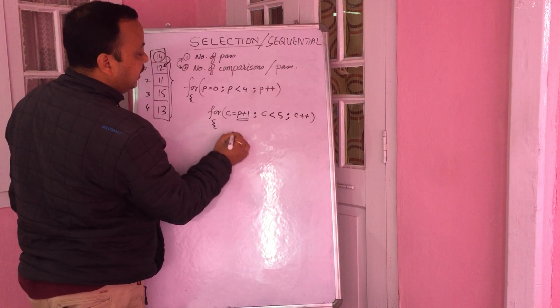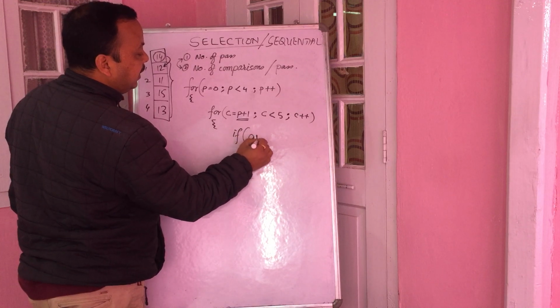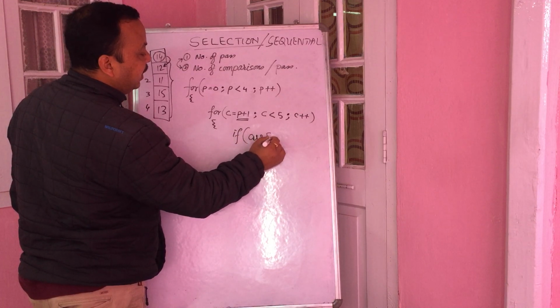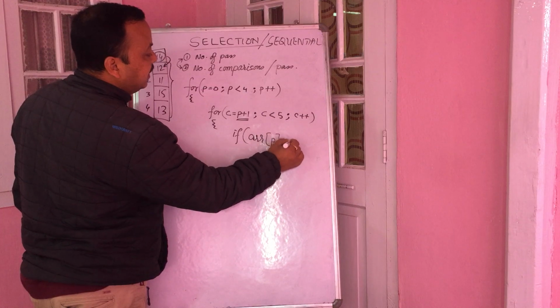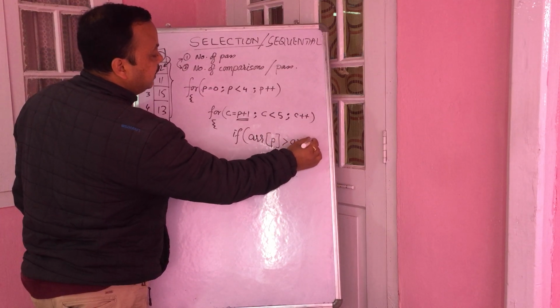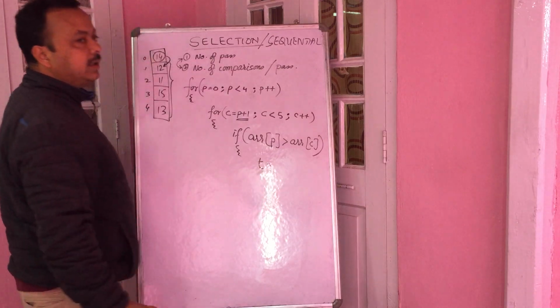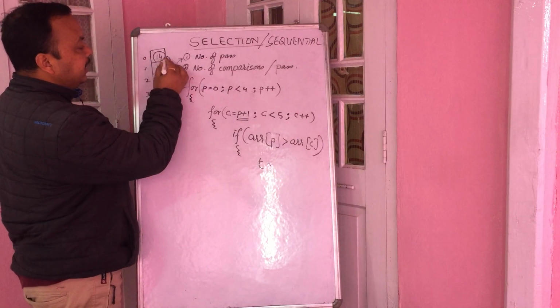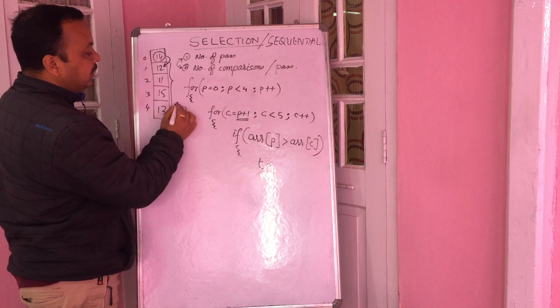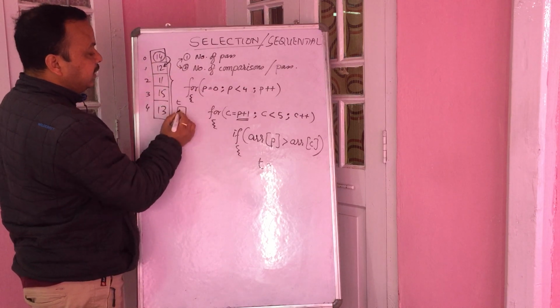Now let's compare. The name of the array was ARR. So we compare if ARR of P is greater than ARR of C. I told you we'll take a temporary variable. When 14 is bigger than 12, what did I do? I took T and I assigned 14 over here.